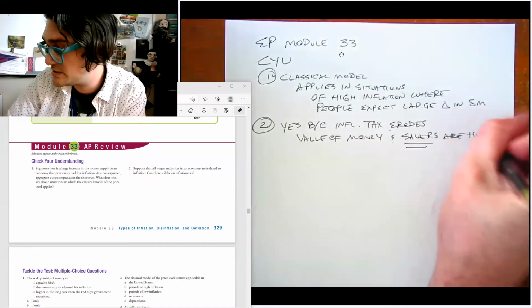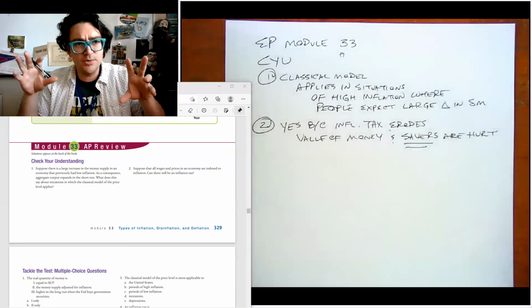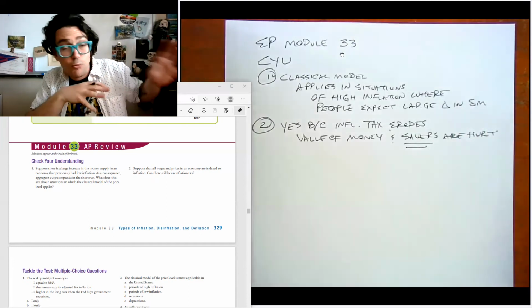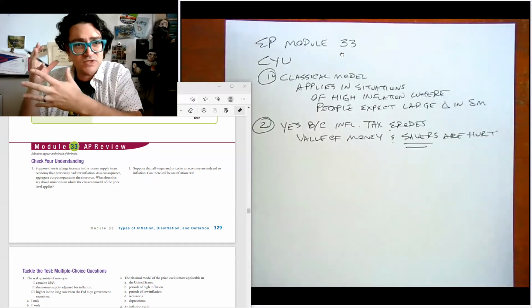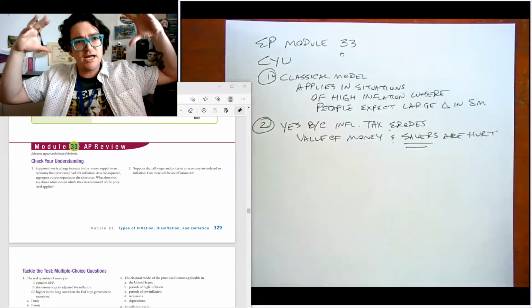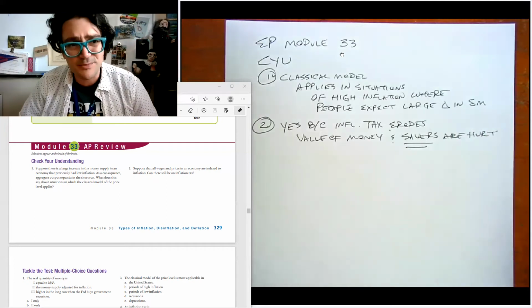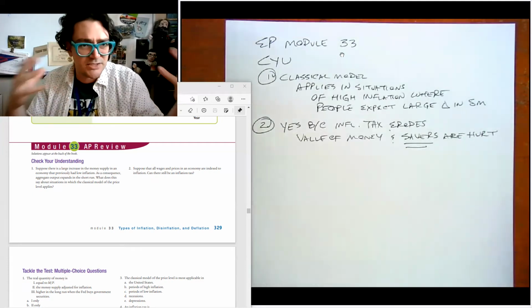Even if you were to index all the prices and wages in the economy, it would protect the people who are working and the people who are buying stuff, but it doesn't account for the fact that I've saved up $1 million for retirement. And then the government comes along and allows really high inflation, and now my $1 million isn't worth very much anymore. So that's why that one's still a problem, even if you indexed a whole bunch of things to inflation.